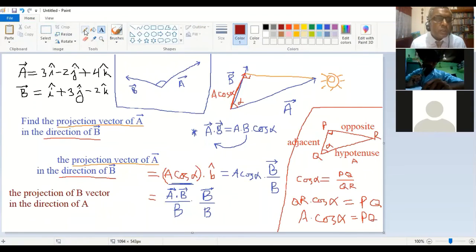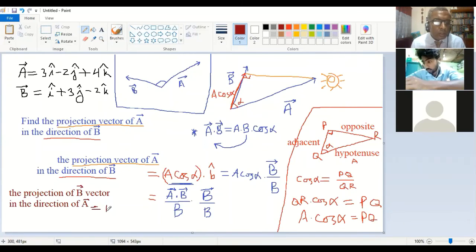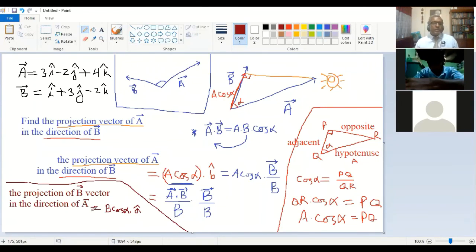So in this case, you will write B cos alpha, that will be the B cos alpha situation, and then the unit vector of A. So this will be the projection of B in the direction of A.